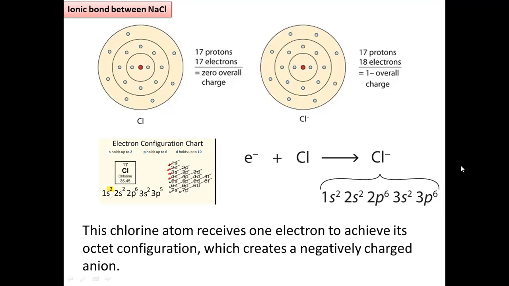And this is the electronic configuration in the case of Cl minus. And here you can see the difference. In the outermost shell, the third shell, there were 7 electrons, and now 8 electrons are present. That means this chlorine has also satisfied the octet rule and has achieved the noble gas configuration.